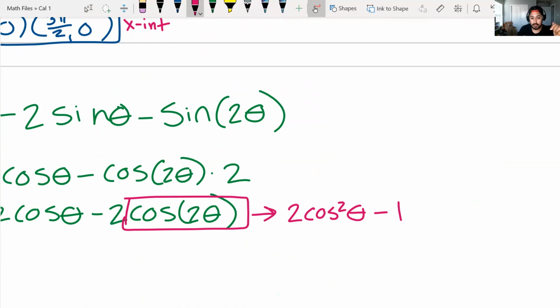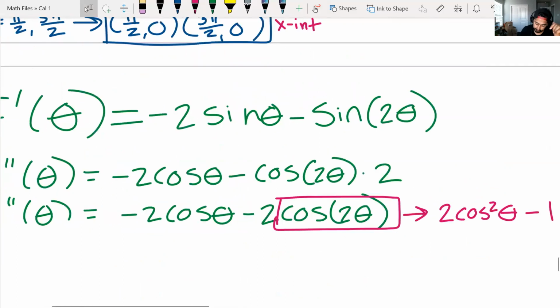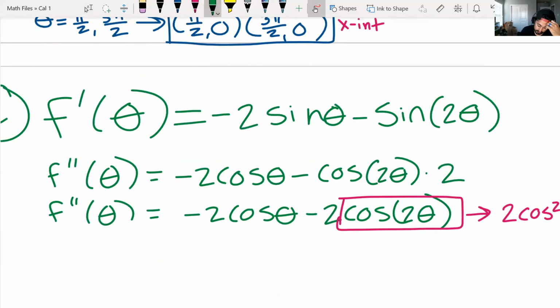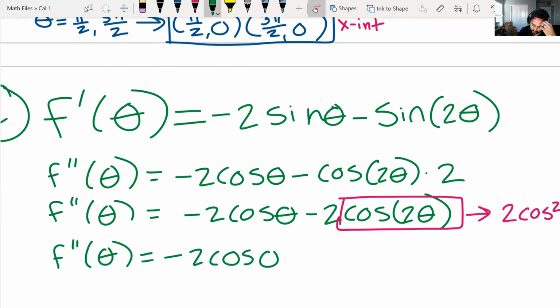Okay, and then since we're changing it to that, this becomes f double prime theta equal to negative 2 cosine theta minus 2 times 2 cosine squared theta minus 1. Let me just double check that double angle formula.